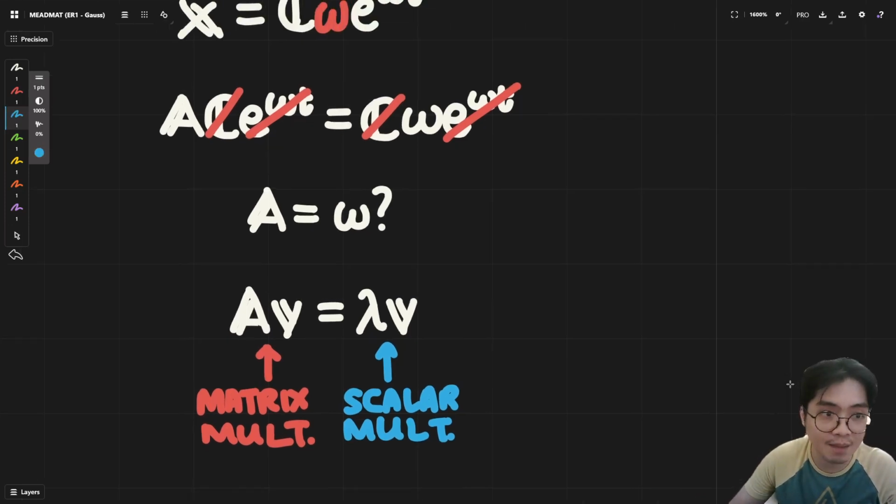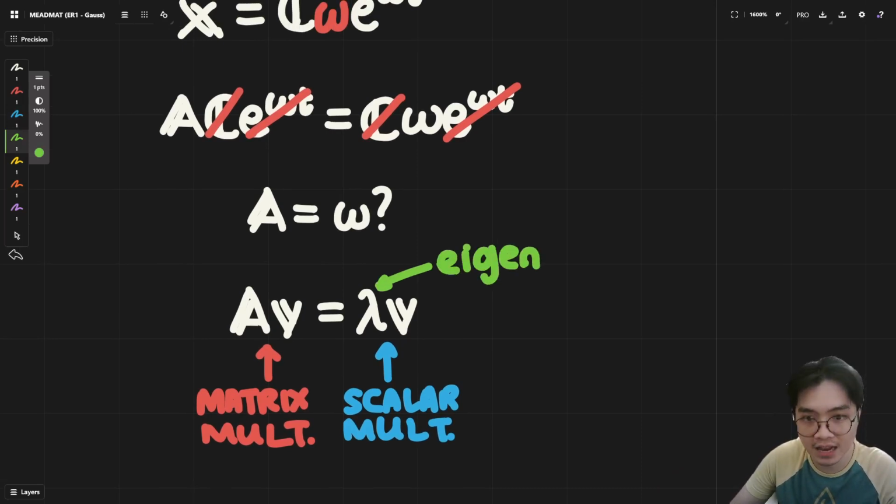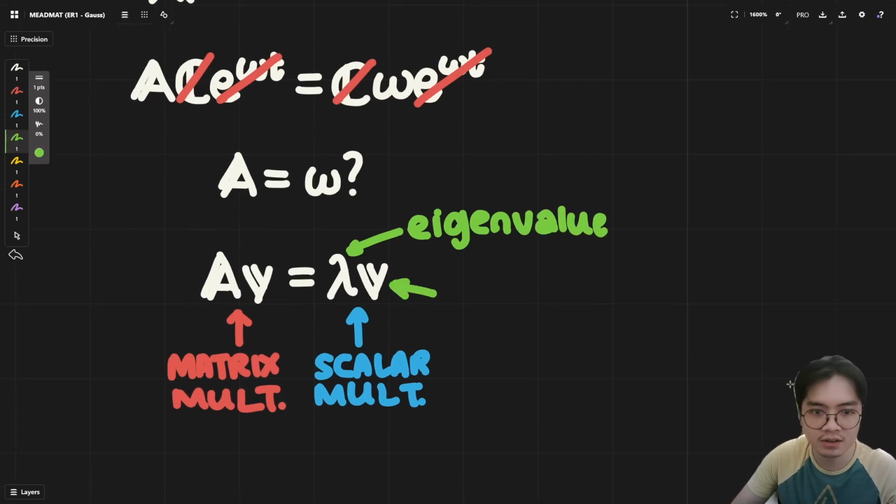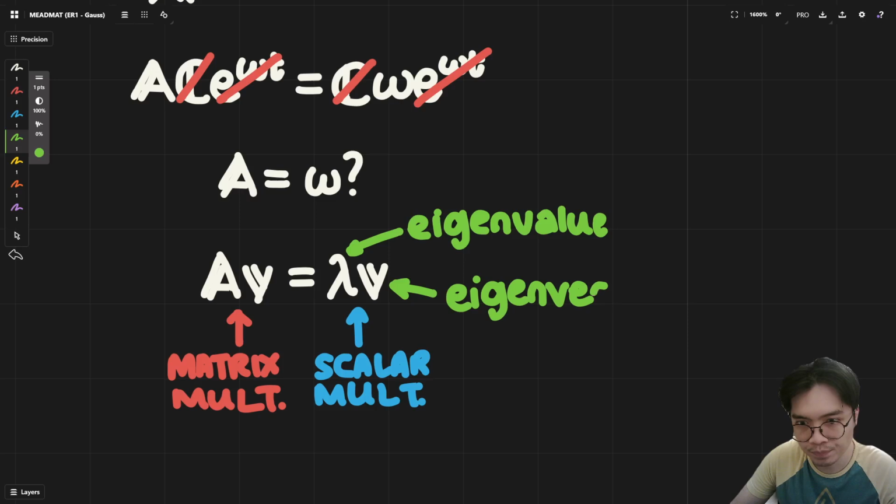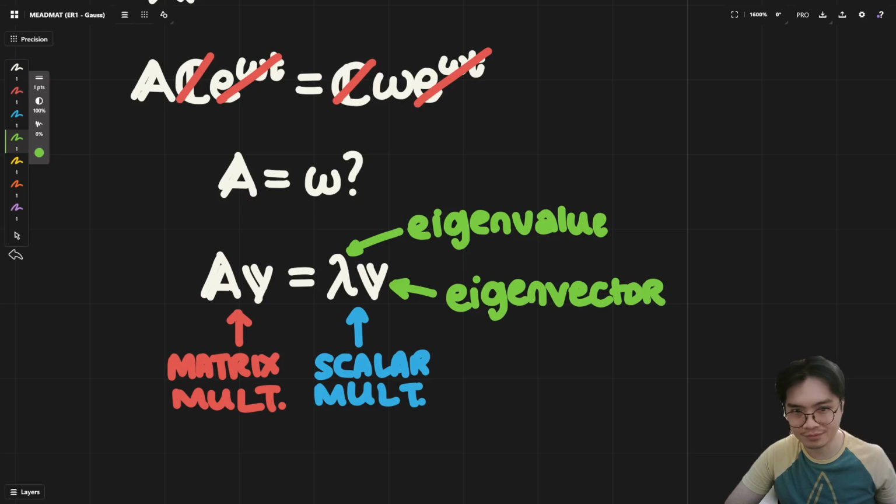So this lambda in here is what we call the eigenvalue, and in this case, your v in here is what we call the eigenvector. If you're wondering about the name eigen, that is the German term for true, so a true value.